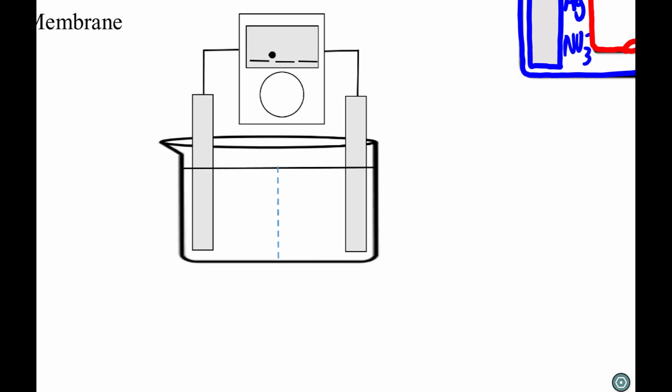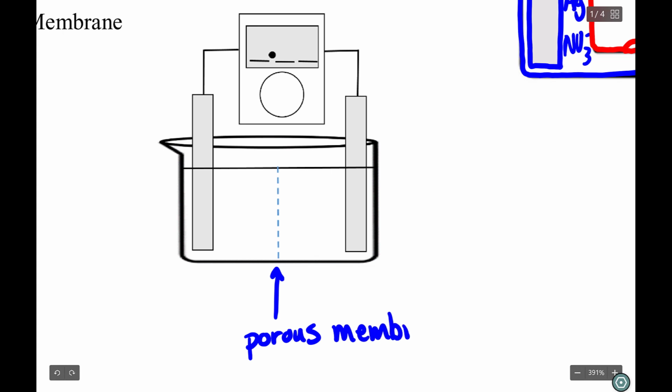We do have just one large container, but the large container is separated by this dashed line. This dashed line would be our porous membrane. You can kind of think of it, if you're in bio, like the membrane of a cell that allows some things in and out. So this would allow for the flow of charge. That would then make this half here a half cell.